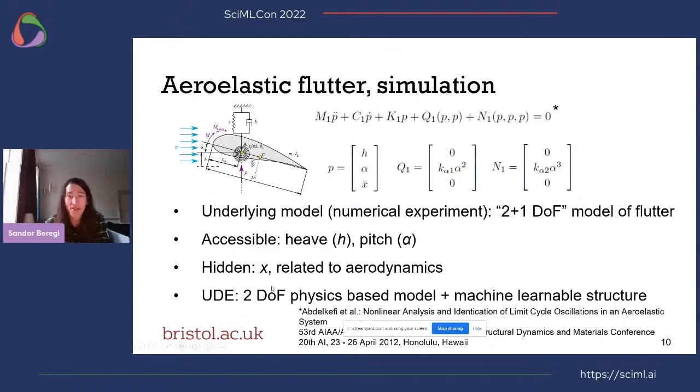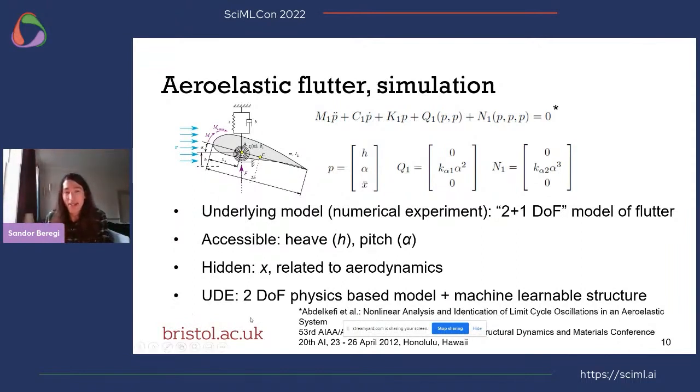In this case, I consider the 2+1 degrees of freedom model of flutter as the underlying model of an experiment, or the ground truth, if you like, where the two physical degrees of freedom of this aerofoil, the heave and the pitch motion, were considered as the accessible part of the model, whereas the model had a non-physical degree of freedom related to the aerodynamic effects, which is considered the hidden part of the model.